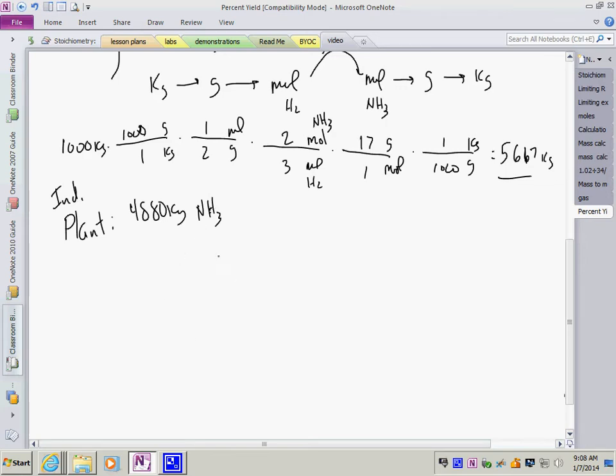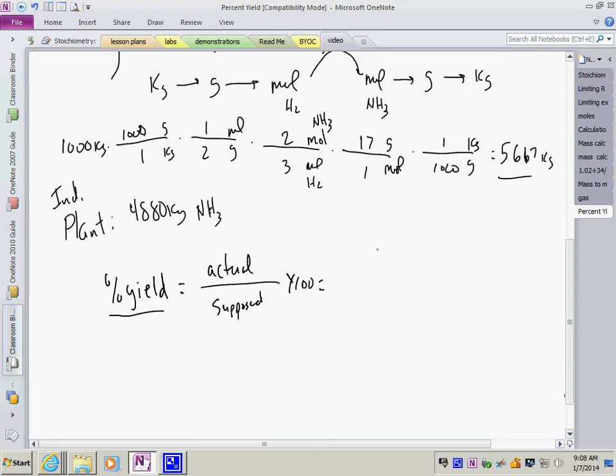So what is our percent yield? Percent yield is a mathematical analysis tool that tells us how good we did. It's what I actually got divided by what I'm supposed to get, times 100 to give us that out of 100 value.